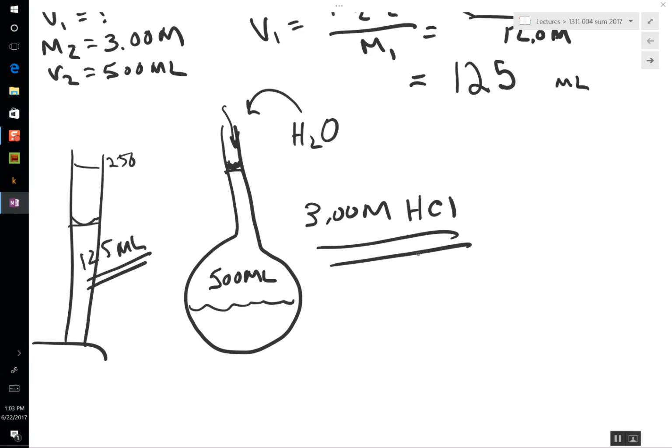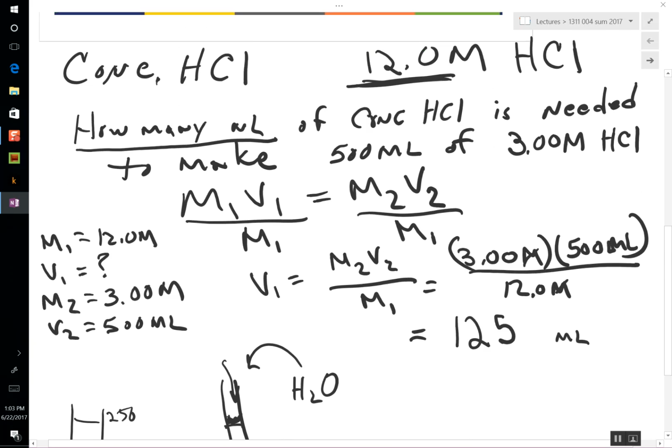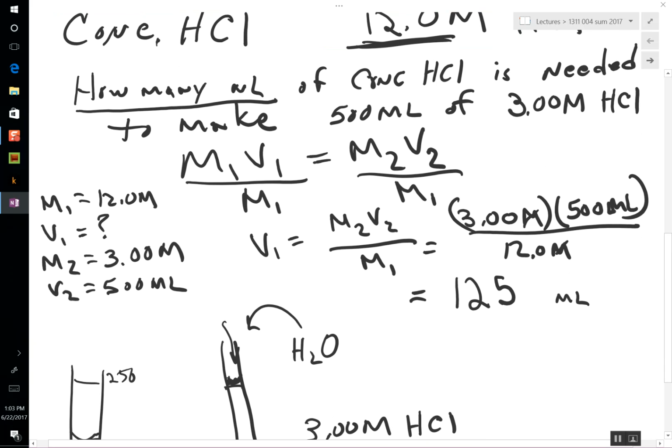Concentrated, you open the bottle of concentrated hydrochloric acid and HCl molecules, fumes are coming out of there. And boy, those will clear your sinuses. Okay, so that's how you do that. Now, some of you might look at this and say, well, isn't molarity times volume in liters? Anybody, that goes through anybody's mind? So it stays in milliliters?